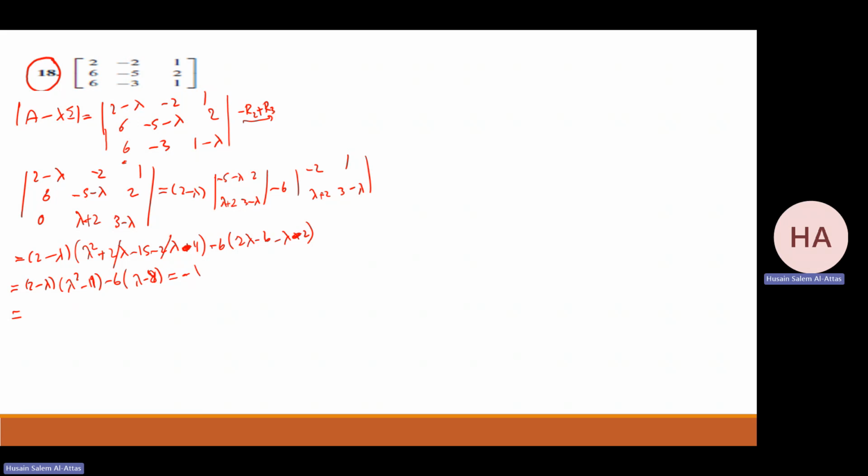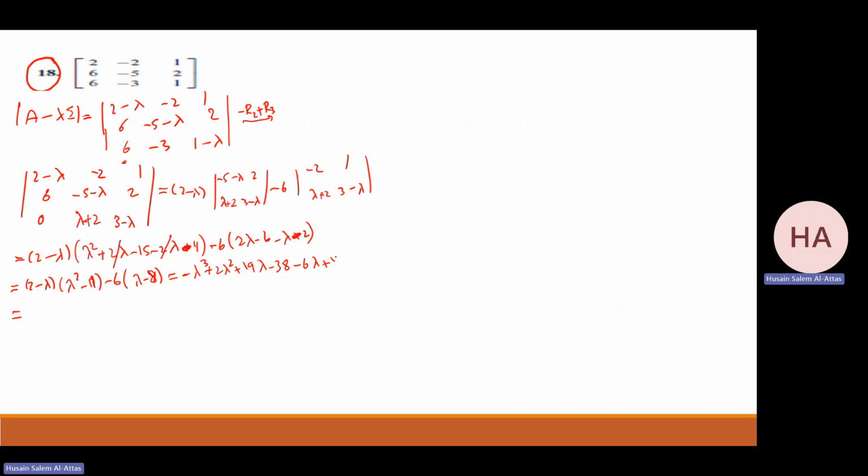That give me minus lambda cubed. Square will be what? 9 lambda. 2 lambda square. That will be 2 lambda square. Nothing is there. Plus 19 lambda. Minus 38. Okay. Minus 6 lambda.